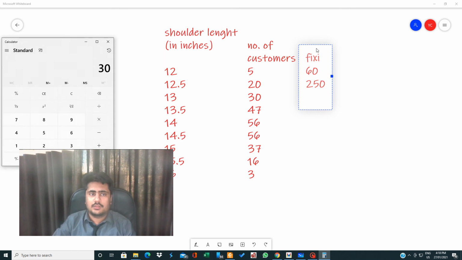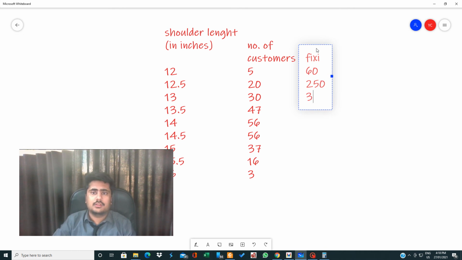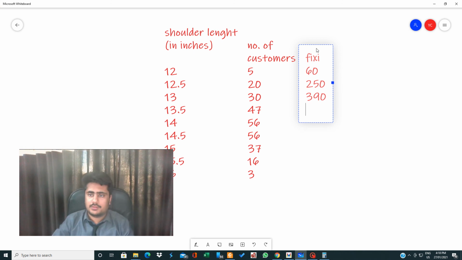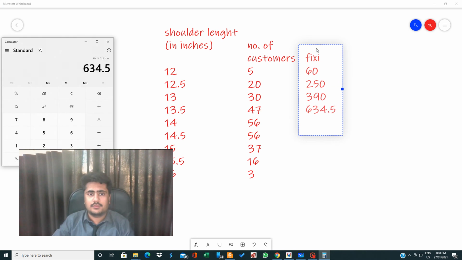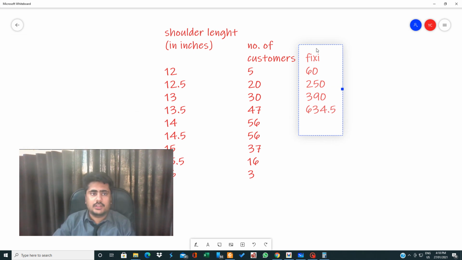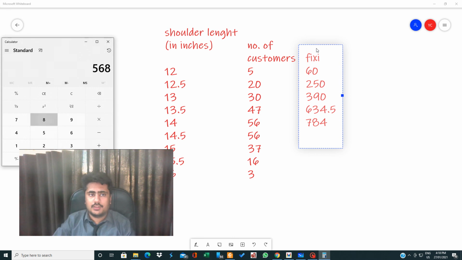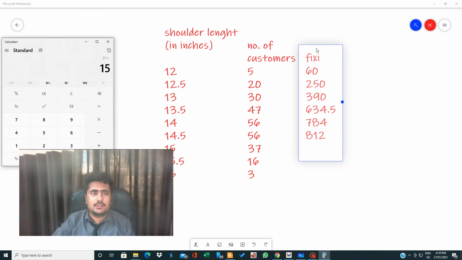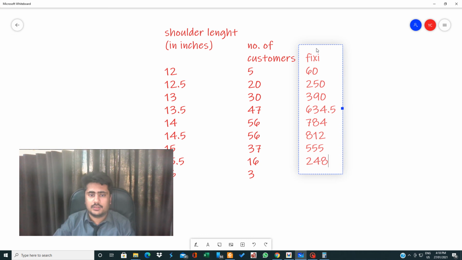Then 30 into 13, 390. 47 into 13.5, it's 634.5. 56 into 14, it's 784. 56 into 14.5, it's 812. 37 into 15, it's 555. 16 into 15.5, 248. 3 into 16, that is 48.